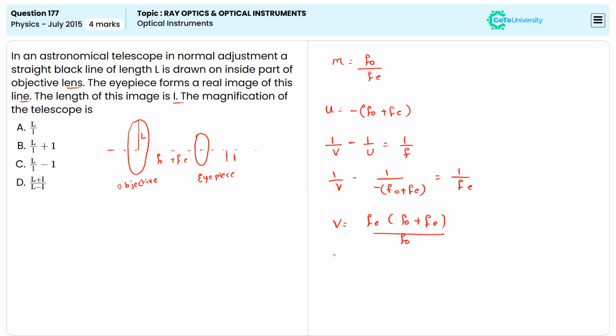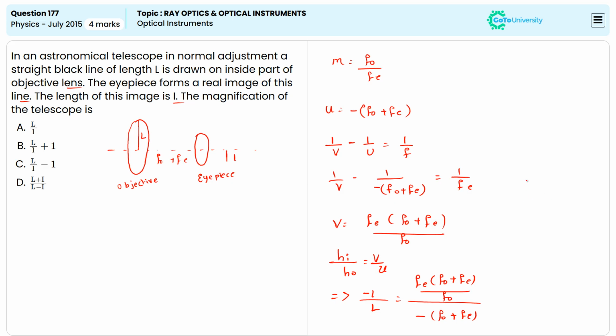Then further we can simplify this as hi by h0 is equal to v by u, that is nothing but minus l by capital L is equal to [fe into (f0 plus fe) divided by f0] divided by minus (f0 plus fe).